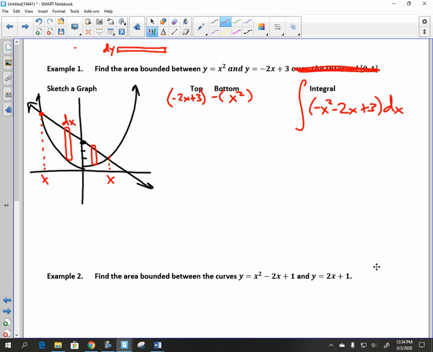That's where they intersect, and Ishika and Riker say set them equal to each other and find where they intersect. We can do that. We're wondering where is x squared equal to negative 2x plus 3? How do I solve that? Get everything on one side. x squared plus 2x minus 3 is equal to 0.